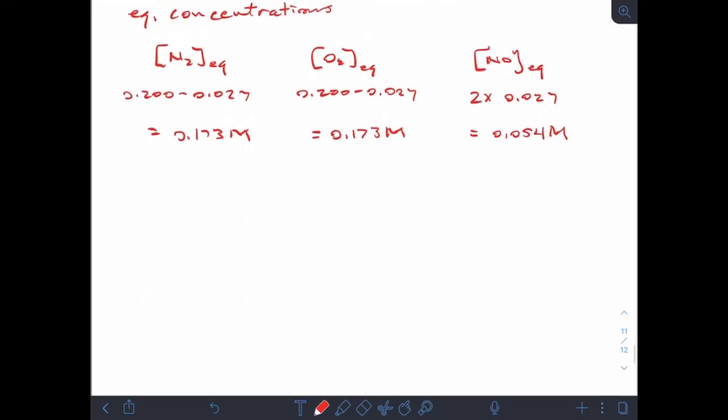Now let's check our work. This is a way that you can be sure that you had the correct answer.